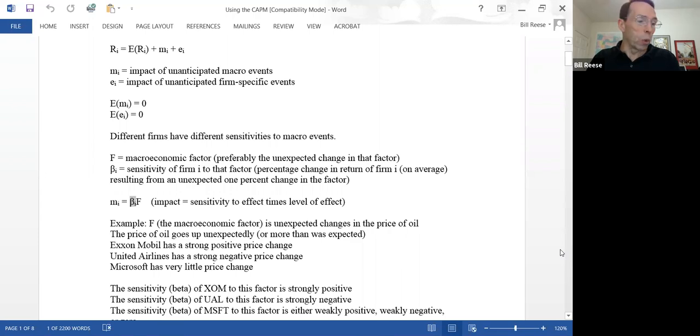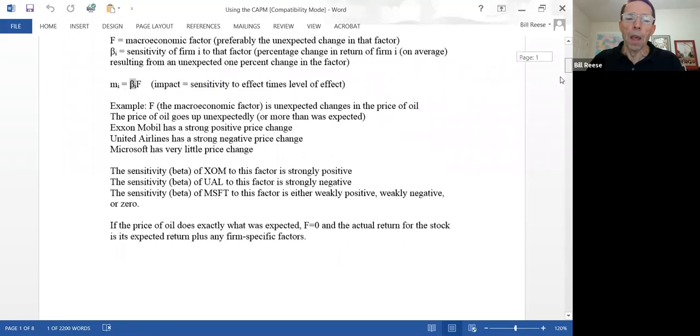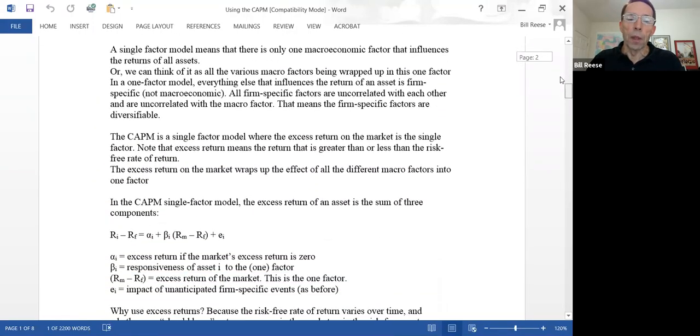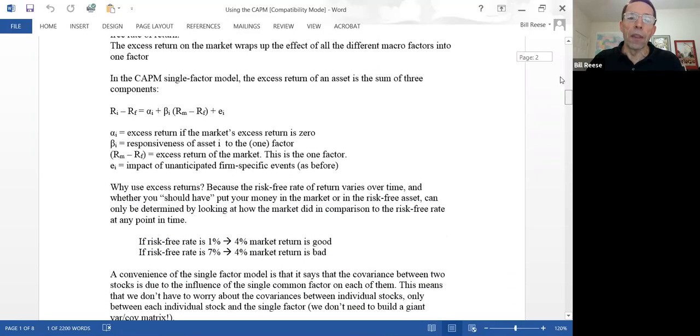And we're going to be doing it in the form of a linear regression, which we've talked a little bit about. A linear regression is always going to be of this format right here. You're going to have your Y variable on the left, and in this case, our Y variable is the excess return on stock I. And remember, stock I is just any old generic stock. The excess return means it's the return on stock I minus the risk-free rate.